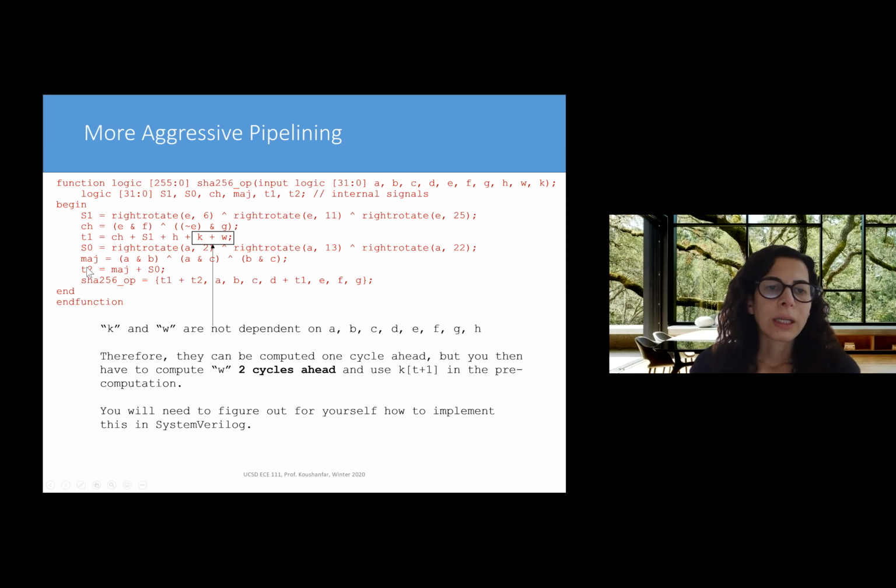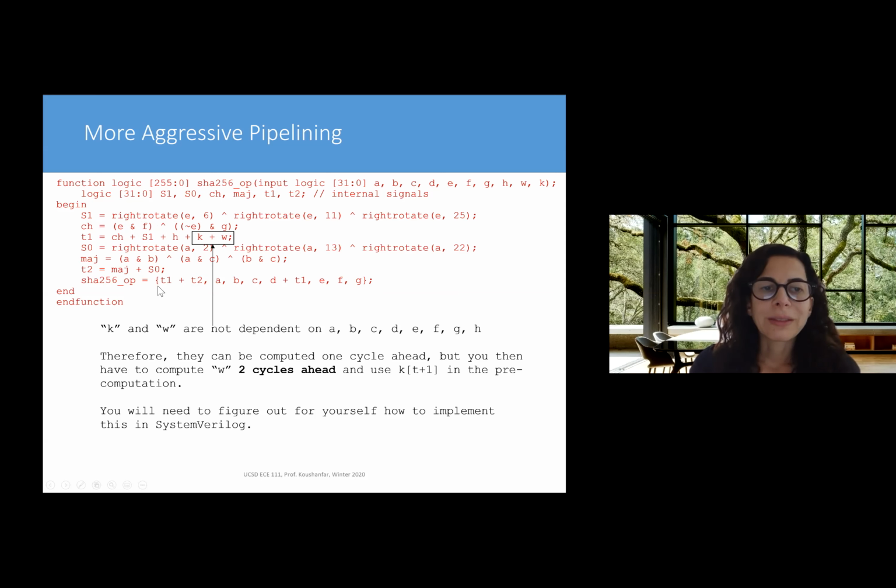So if you want to talk about the critical path on T2, this has to be computed, and this has to be computed, and this is basically taking 2 computations per cycle. But the SHA-256 optimization is T2 plus T1, and T1, as you see here, has to wait for S1 and CH to come together, plus the value of H, which could take another cycle, plus these values.